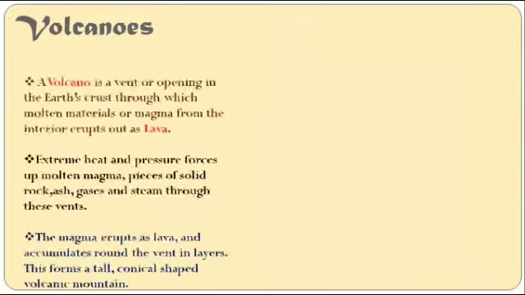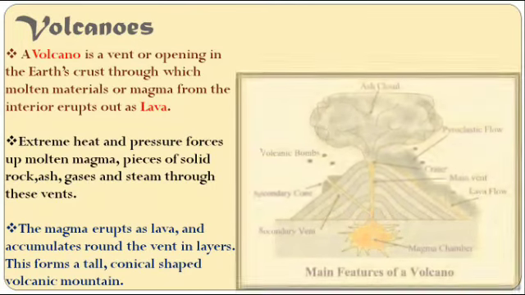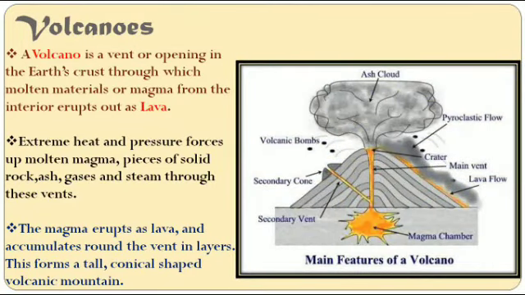Let us come to the volcanoes. Among the endogenic changes, volcanoes are occurring. It is actually an opening. A volcano is a vent or opening in the earth's crust through which molten materials or magma from the interior erupts out as lava. In the figure, everything is very clearly mentioned.